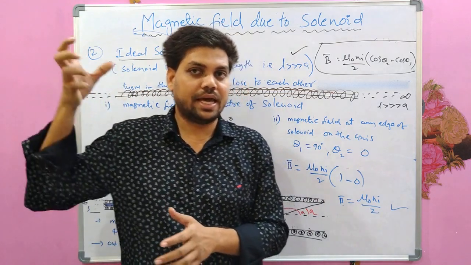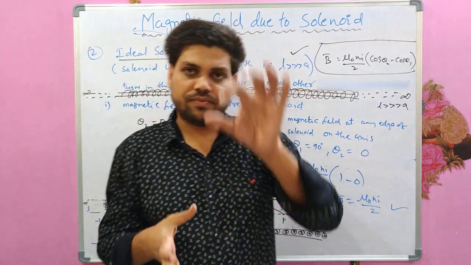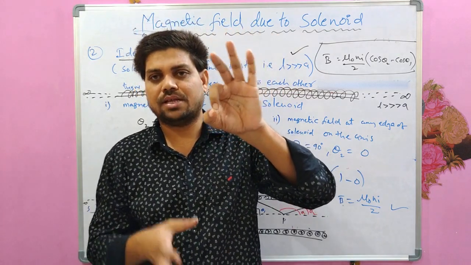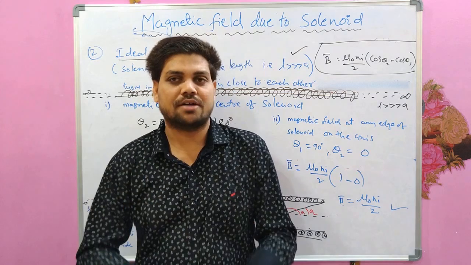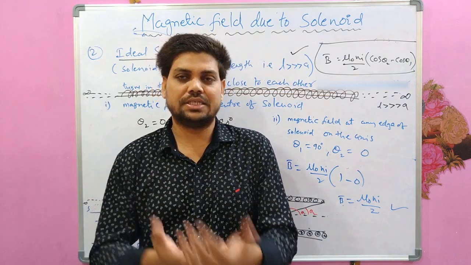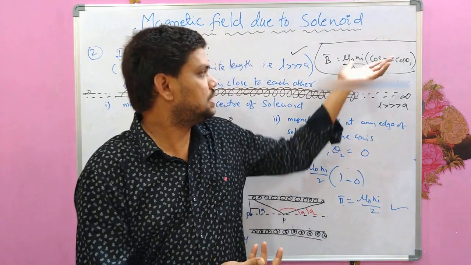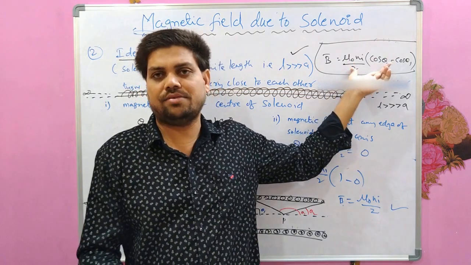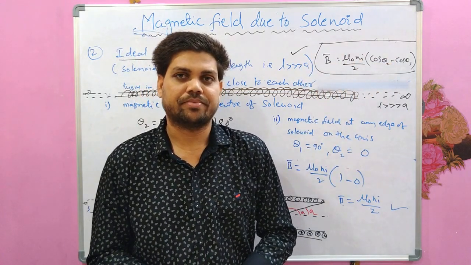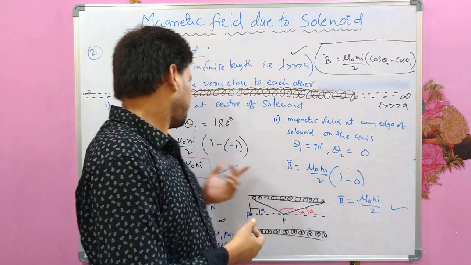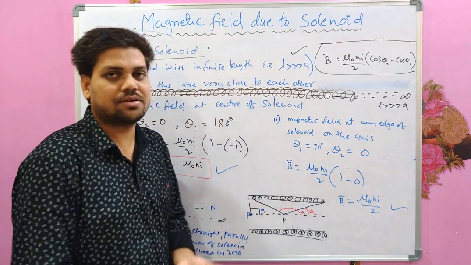Because we have taken the help of the magnetic field formula for a current carrying coil which was derived by using Biot-Savart law, you can consider that this formula is also derived using Biot-Savart's law.